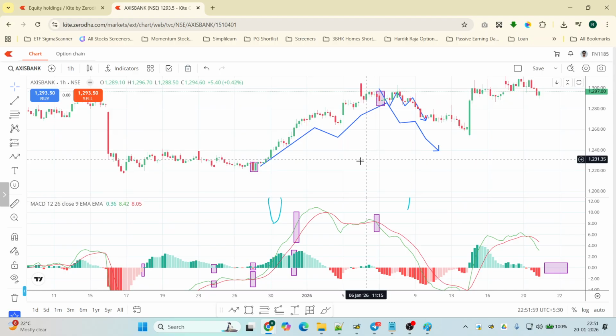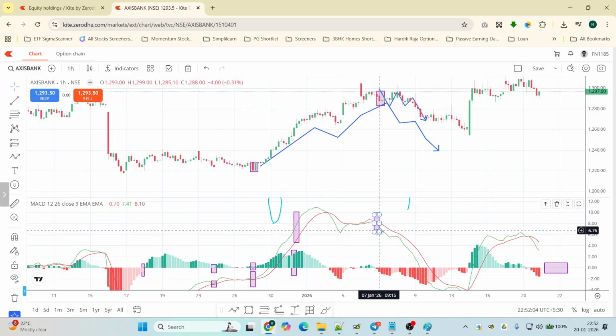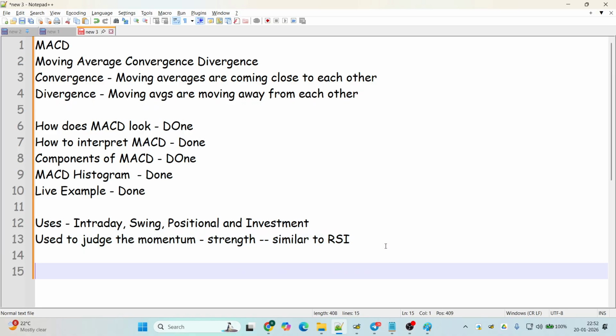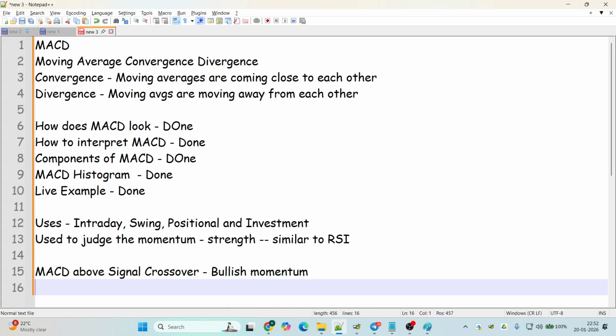So simple guys, whenever, and here this MACD line, which is the green one, has crossed below the signal line, which is the red, right? So if the MACD goes below the signal, I'll mention it: MACD above signal crossover, bullish momentum. MACD below signal crossover, bearish momentum.